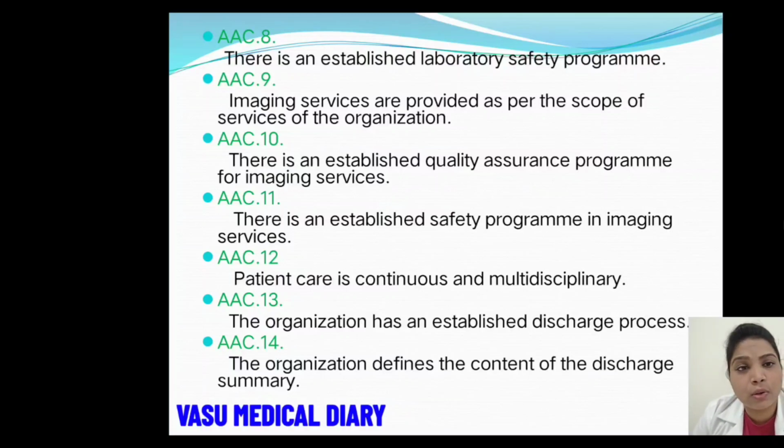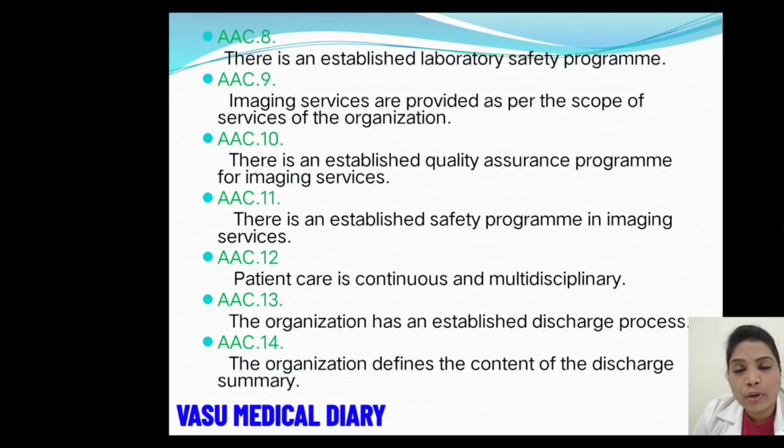And the next one is: the organization defines the content of the discharge summary. Usually, what are we expecting? The discharge summary should have medical emergencies, meaning when and where to contact, what medical emergencies may come, when to come for the next appointment, what medicines they have to take and for how long, what complications they may expect, and any side effects, meaning to whom they have to address.